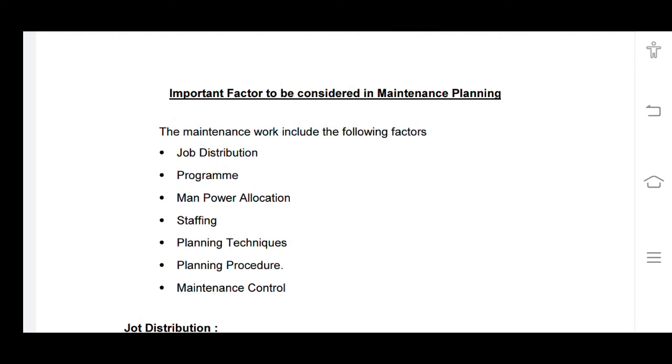Indirect costs result from the consequences associated with failure or unplanned maintenance action, and include loss of revenue due to production stops. So there are mainly two types of cost, direct cost and indirect cost.